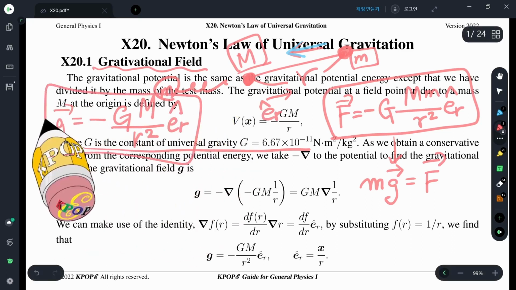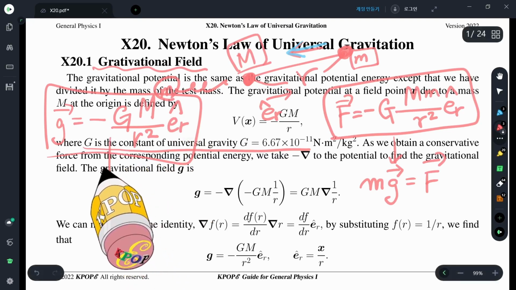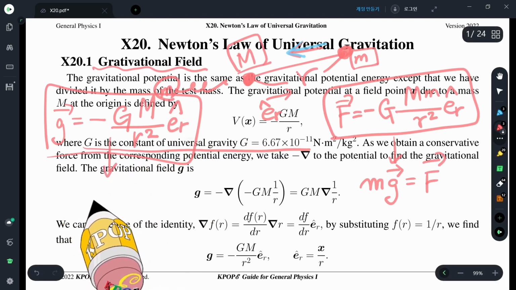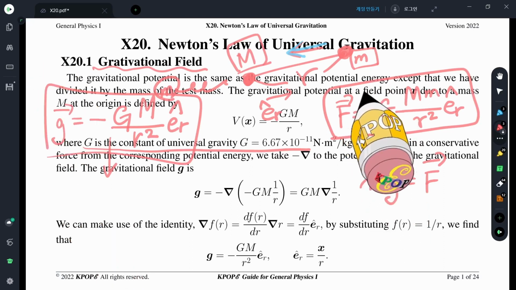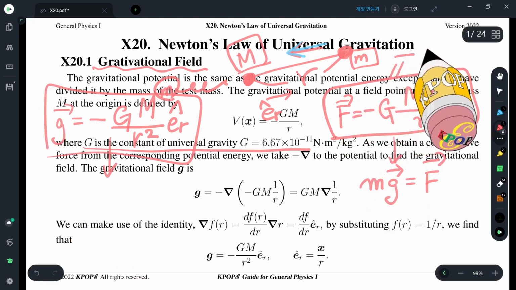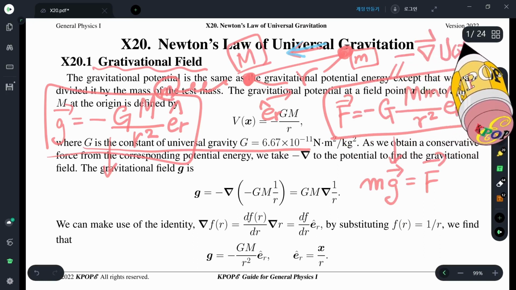If this is the gravitational force, what is the corresponding gravitational potential? The force is the negative of the gradient of the potential energy.